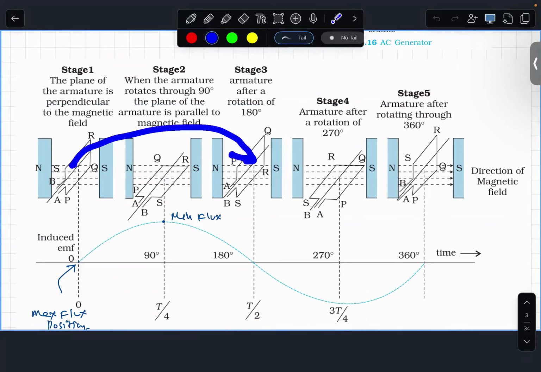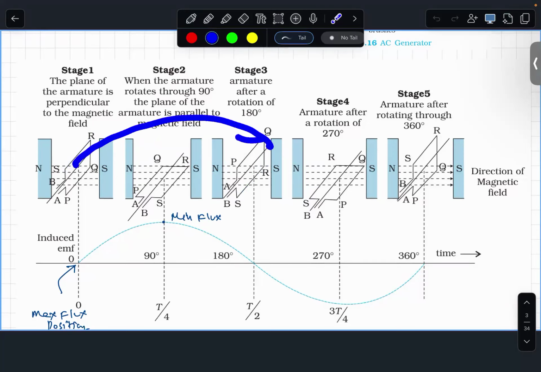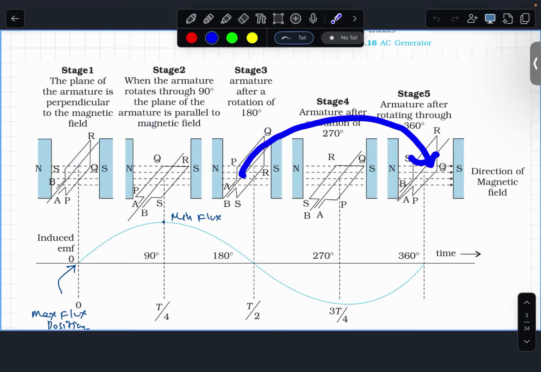From here to here, this is a 180 degree turn. Please notice that earlier SR is the arm up. Now SR is the arm down, which means from here to here, the rotation is 180 degrees. And from here to here, the rotation is 180 degrees. The total is 360 degrees. That is one full turn.